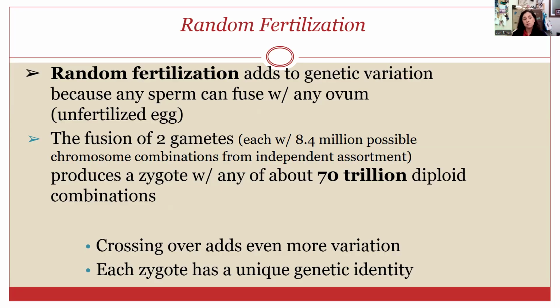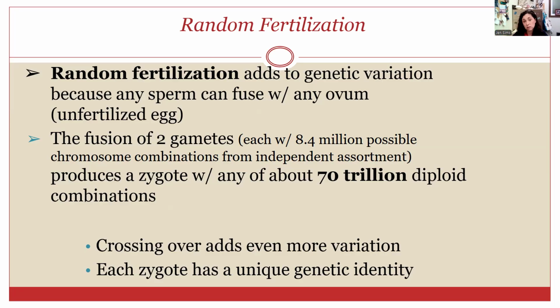But then you've got the egg with 8.4 million possibilities of genetic combinations. Then you've got the sperm, and you've got millions of those. Any single one that gets released can randomly fertilize the egg. So how you figure out what combination will actually come together is like rolling the dice in Vegas.